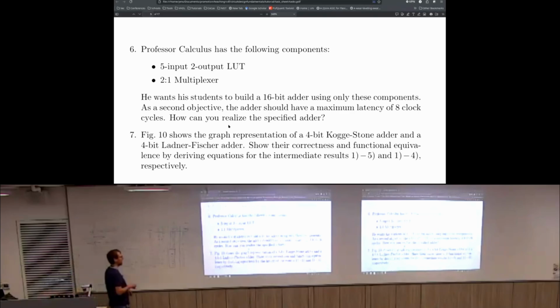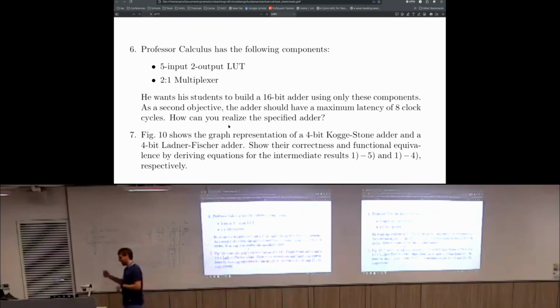Now the question is, we have 2 components again. We have a 5-input, 2-output lookup table, and we have 2-to-1 multiplexers. How can we build a 16-bit adder using only these components? And remember that we have another objective, that the adder should have a maximum latency of 8 clock cycles. So how do we realize this adder?